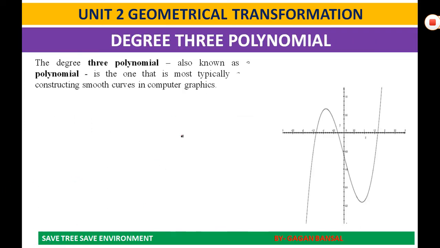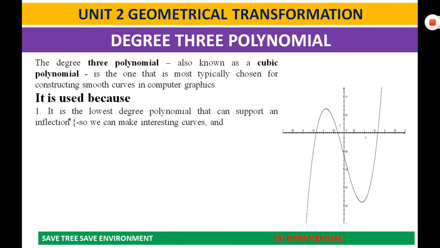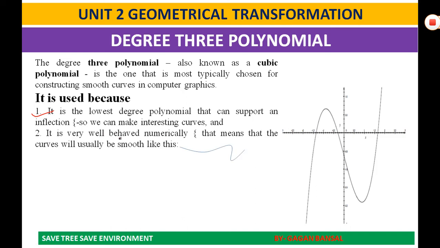The degree 3 polynomial, also known as the cubic polynomial, is the one most typically chosen for constructing smooth curves in computer graphics. It is used because, first, it is the lowest degree polynomial that can support an inflection, so we can make interesting curves, and it is very well behaved numerically.